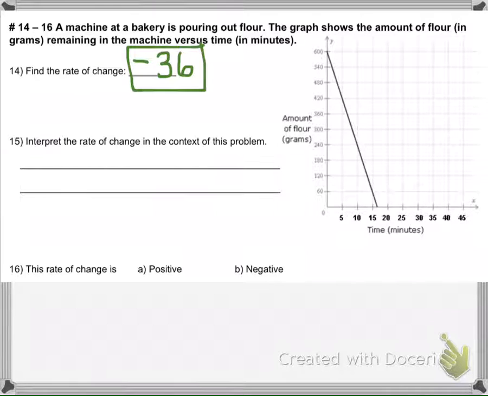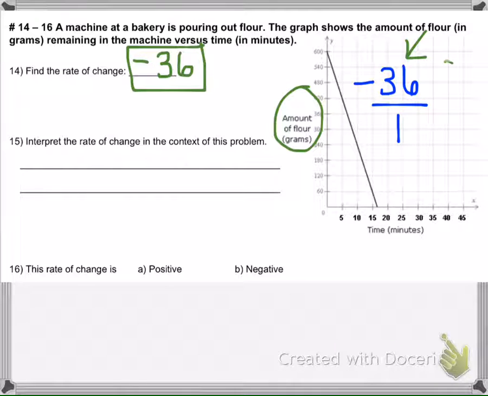Then it says interpret the rate of change in the context of this problem. So if I take the negative 36, I can put a 1 underneath. And the numerator, this came from here, so it's the amount of flour. And then the 1 is the time.